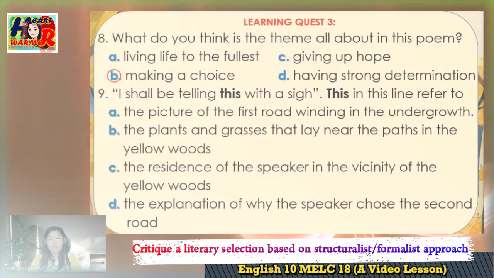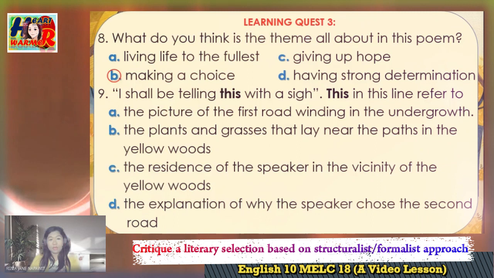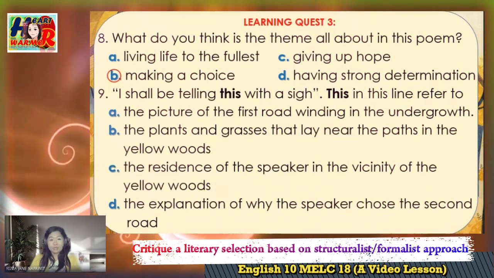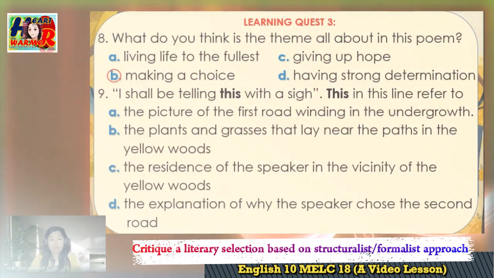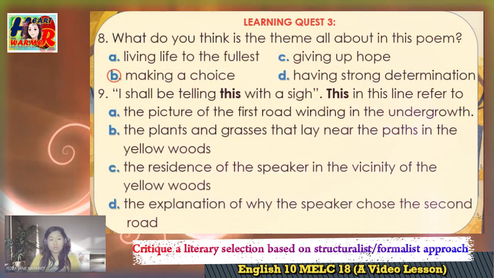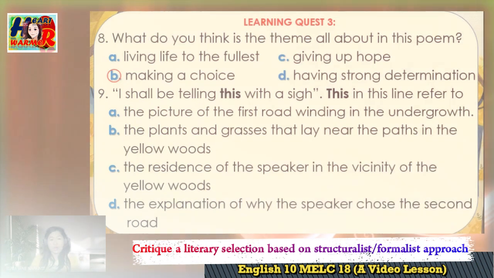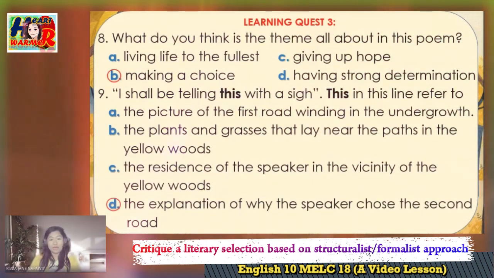Is it A, the picture of the first road winding in the undergrowth? B, the plants and grasses that lay near the paths in the yellow woods? C, the residence of the speaker in the vicinity of the yellow woods? Or D, the explanation of why the speaker chose the second road? Obviously, the answer is letter D.